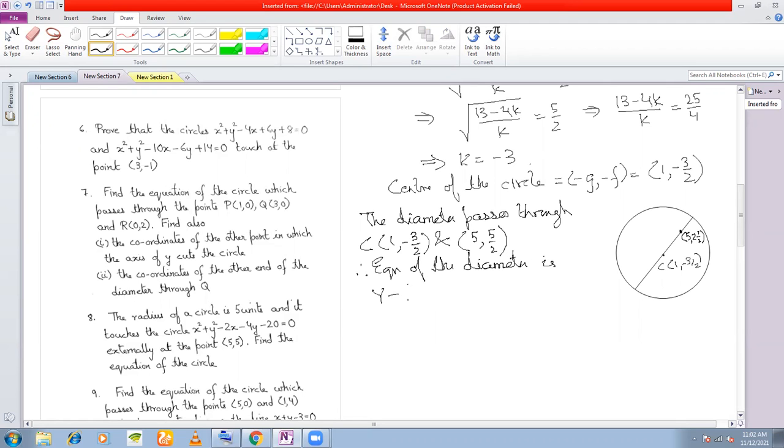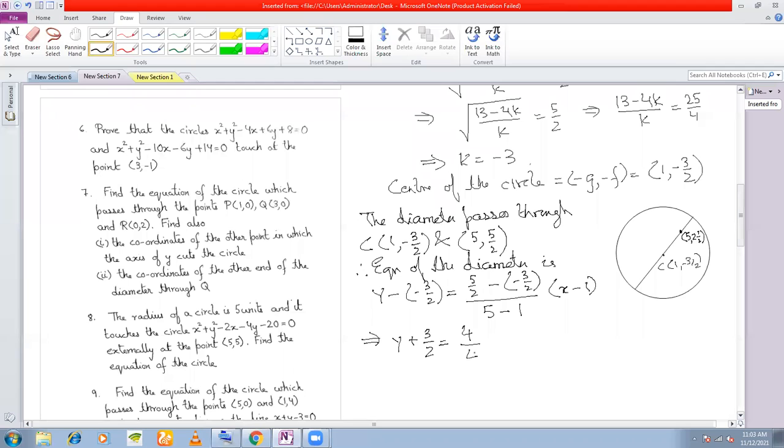y minus y1 is equal to y2 minus y1 by x2 minus x1 into x minus x1. Okay, so you get y plus 3 by 2 is equal to 5 by 2 plus 3 by 2 will simply give you a 4.